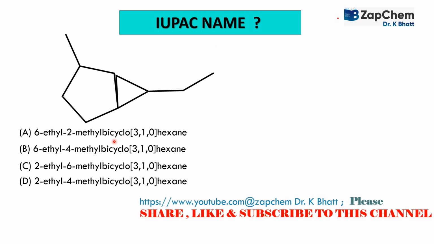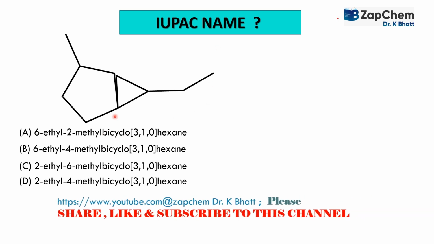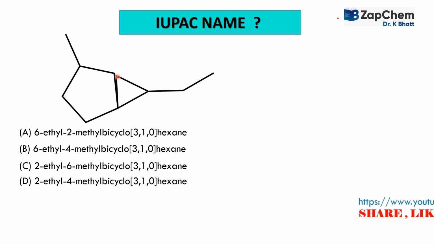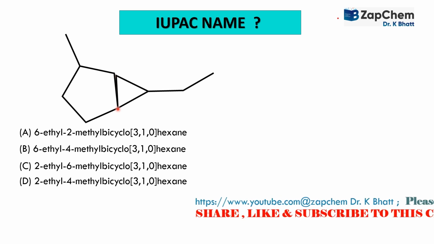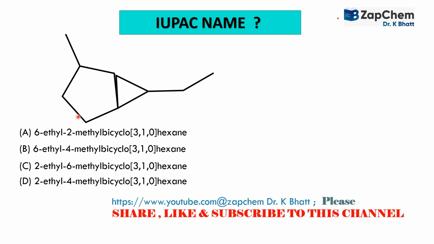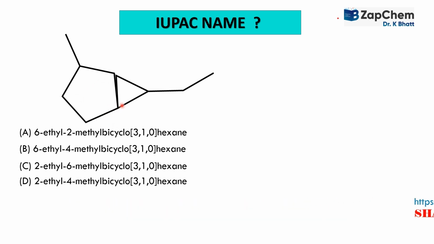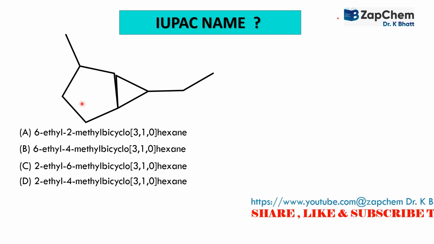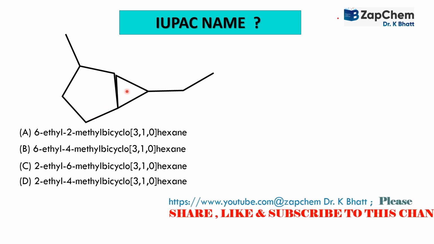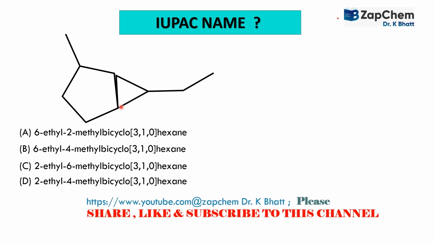Now here in this case, we find that there is a common point that is known as the bridgehead carbon. Two carbons are joined together, a larger ring and a smaller ring. The larger ring is that of pentane and the smaller ring is that of propane.